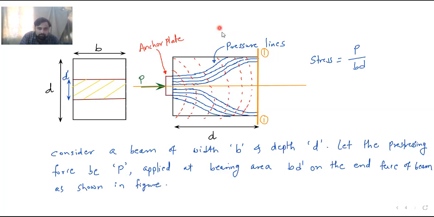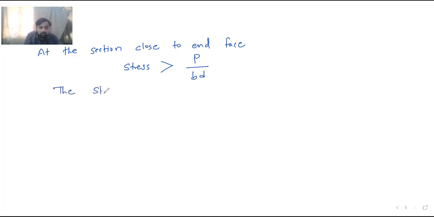Okay, so I can write further in this regard that the stress at the section close to the end face is far greater than P by B D. I have already explained this right now.